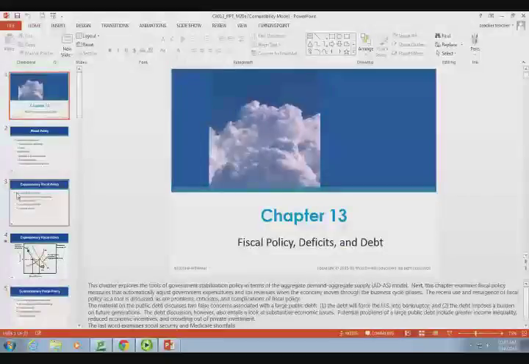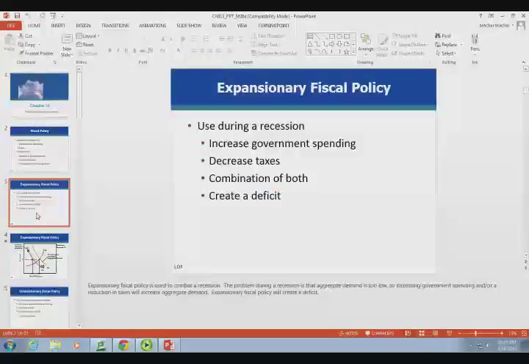So that's what we use expansionary policy for. As I said, we're looking at times of recession, and as a result, we need to get money moving in the economy. We're going to do one of two things: increase government spending, decrease taxes, or do some combination of both.